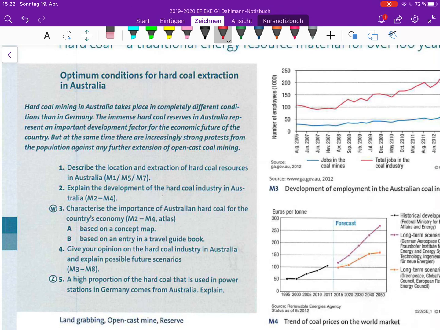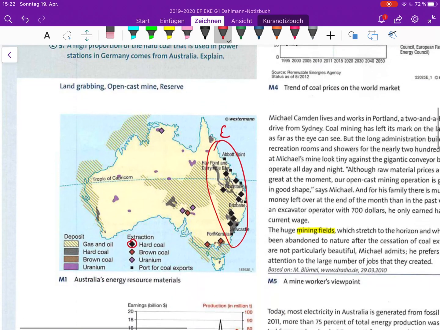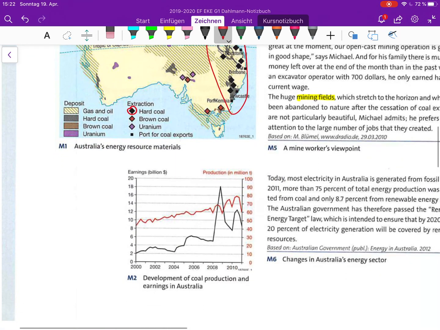Okay, exercise 2. Explain the development of the hard coal industry in Australia, M2 to 4. So, M2, development of the coal production. What can you see? Earnings in billion US dollar, and production. Production red, earnings in blue. So earnings, general trend, increased earnings.